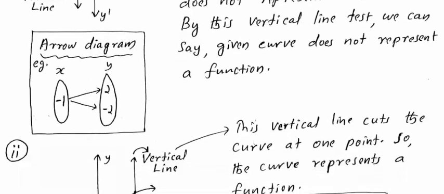Then put the arrow marks from -1 to +2 and -1 to -2. Here the value x, the element of the domain, has 2 images in the codomain. Therefore, this curve or this arrow diagram does not represent a function.